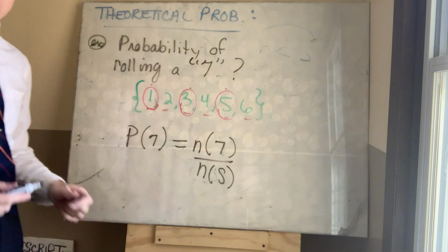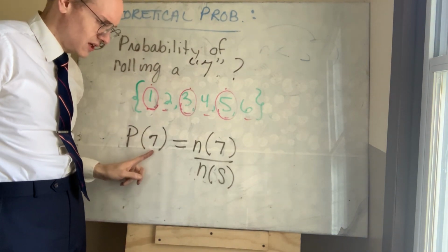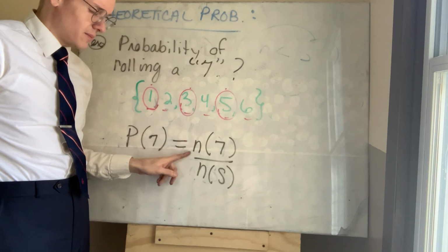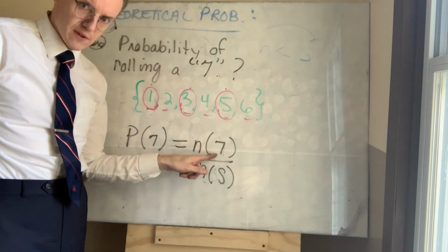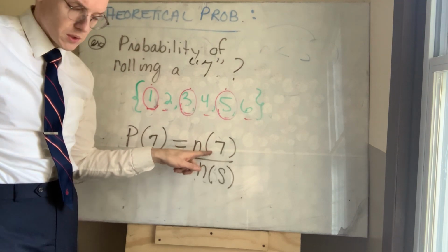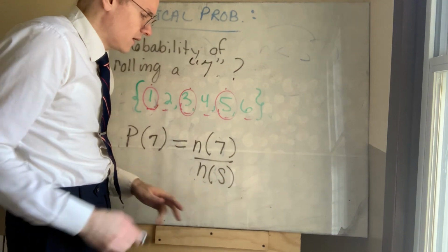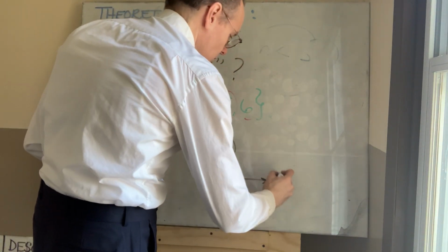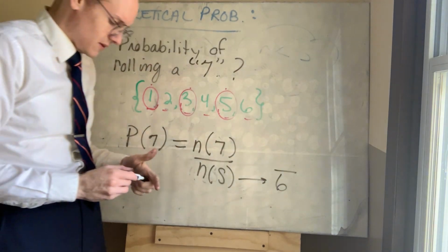elucidate, clarify. The probability of rolling a 7 would be equal to the number of outcomes favorable to rolling a 7, that specific situation, event. This is still 6, of course, because we're still talking about a 6-sided die. But now here's the question.